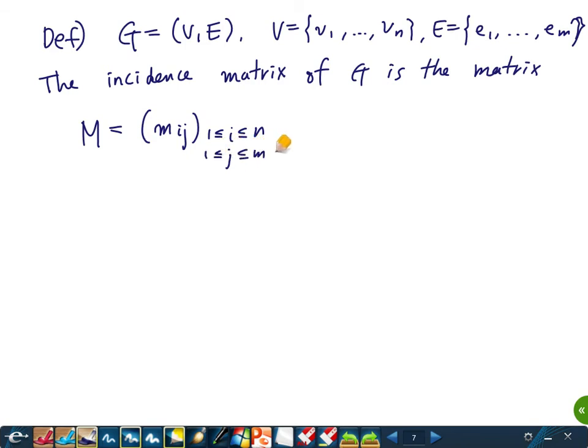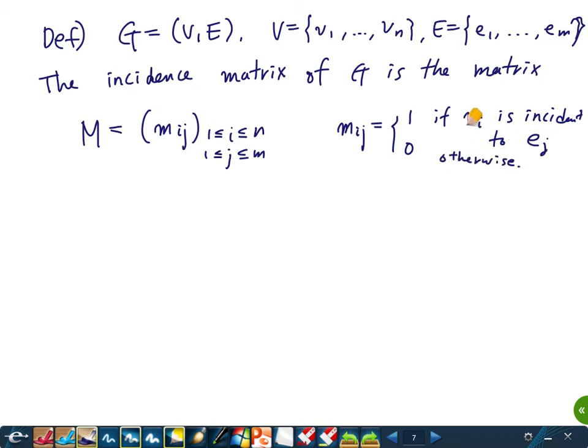So it's an n by m matrix where Mij is always 1 or 0. 1 if Vi is incident to Ej and 0 otherwise. A vertex is incident to an edge, that means this edge contains that vertex.